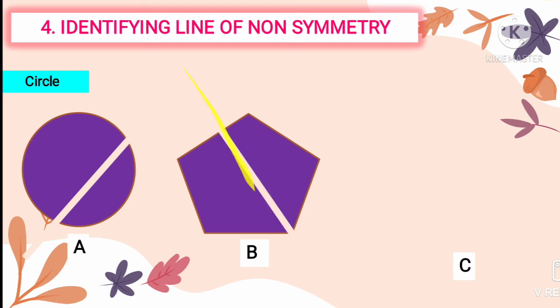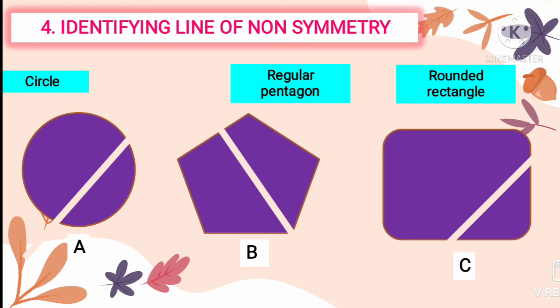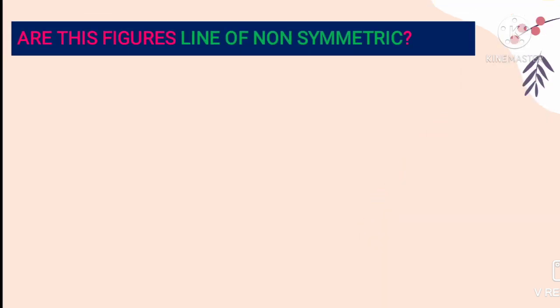If you put the line here, we call it line of non-symmetry because it cannot divide perfectly. And then what about this square? Square, as a rectangle, is supposed to be symmetrical. But if you put the line of symmetry here, we call it line of non-symmetry.